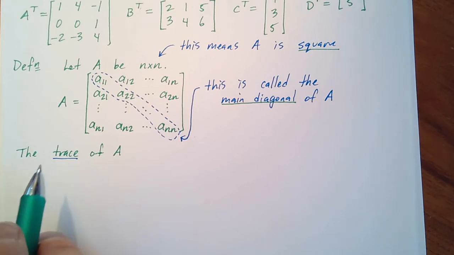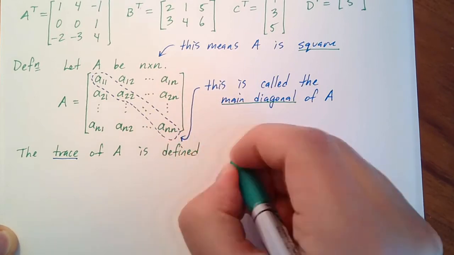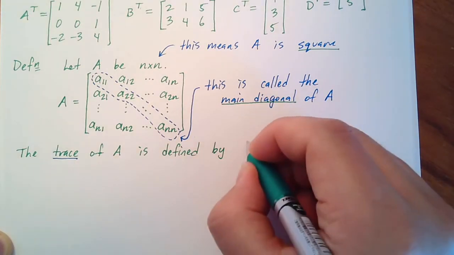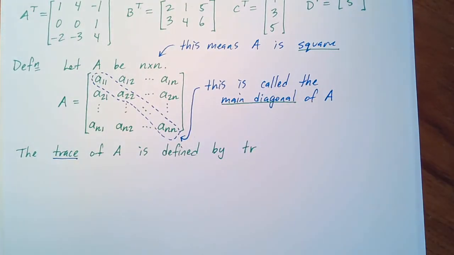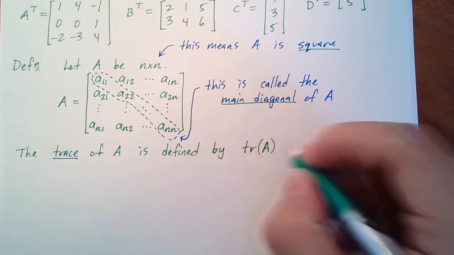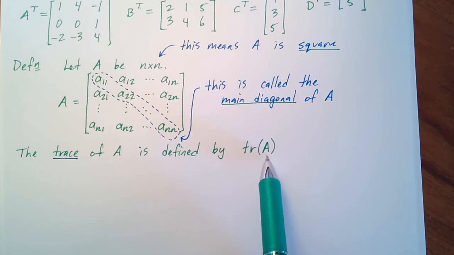So what is the definition of the trace? The notation I'll use is TR, short for trace, and then I put the matrix in brackets afterwards. This is just the notation for saying I want to take the trace of the matrix A.